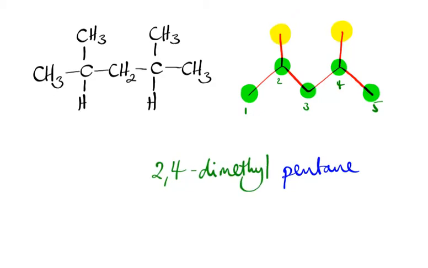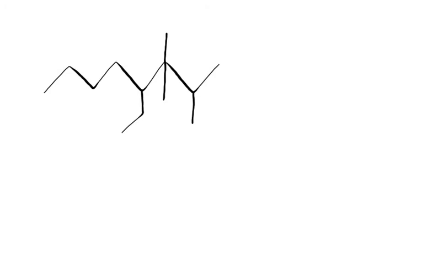Let's have a look at this next example, looking a little bit more complicated now. So first thing to do is establish the longest carbon chain. Which is that. So that's 8 carbons in a chain, so this is an octane. And then we need to spot the side groups that we've got.